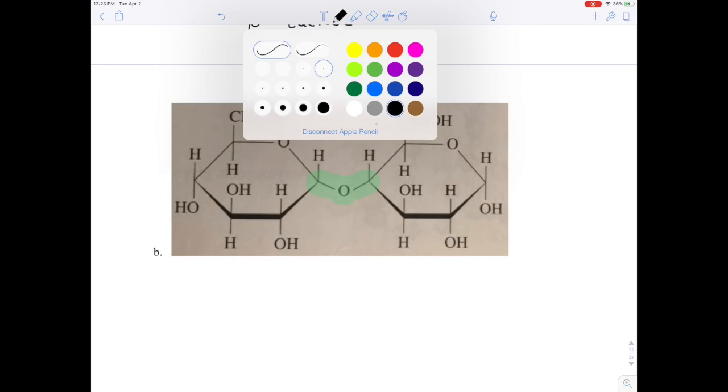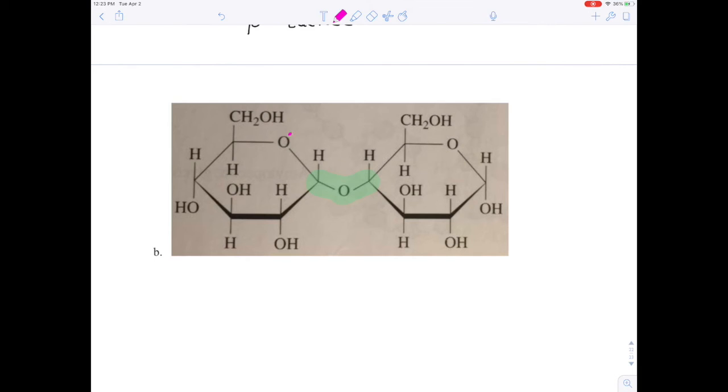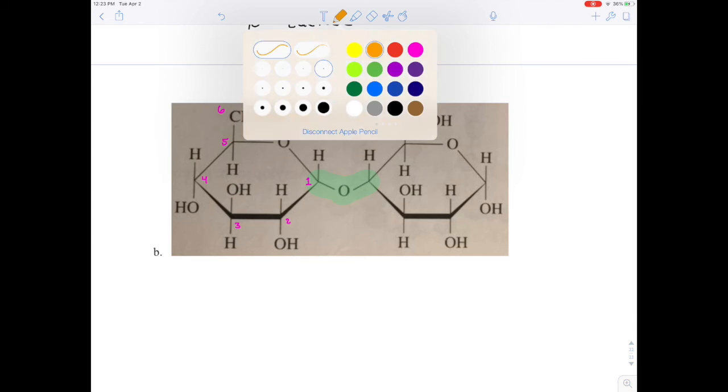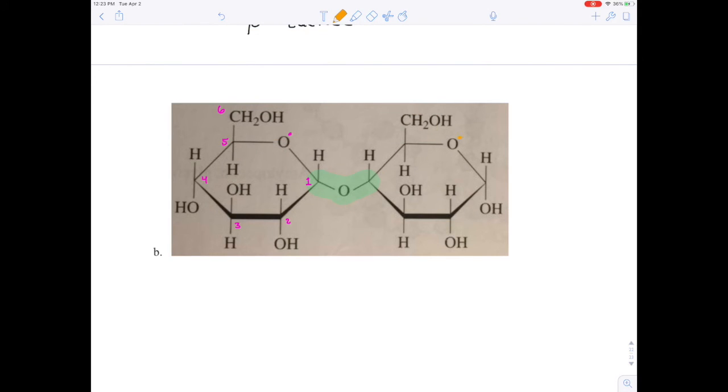Now, one thing you'd want to do is to number each ring. And so here, orient yourself by the oxygen in the ring. Go to the right of that, that's carbon number 1. Then go clockwise around the ring: 2, 3, 4, 5, 6. That's one ring. Next ring, orient yourself by the oxygen in the ring. Go to the right of that, that's carbon 1.